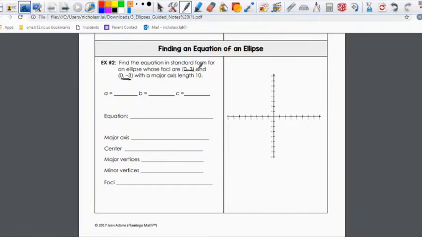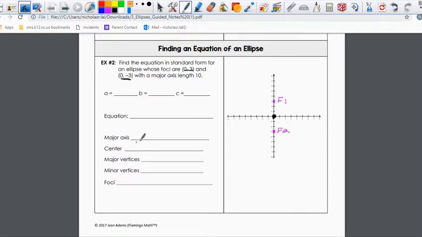Let's draw our foci. We have 0, 3, that's a focus, we can call that F1. And we have a focus at 0, -3, F2. Now, the center is in between the two foci, so we know that the center is at 0, 0.